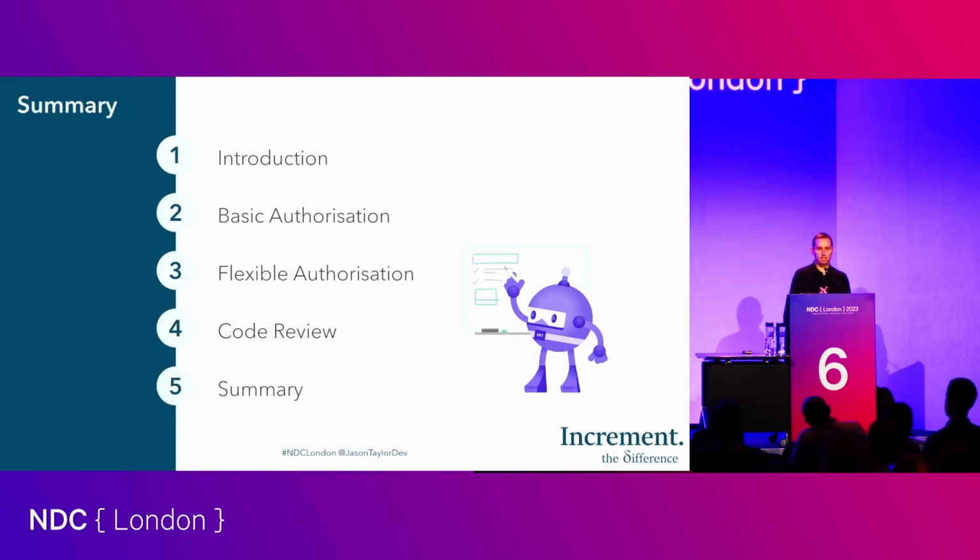Now, if your application is simple and it has a small user base, then the flexible authorization approach is probably overkill. If you only have an administrator's role and a user's role, you can definitely get by with the basic approach to authorization. But for most production applications, especially those in large organizations, the flexible approach is essential.